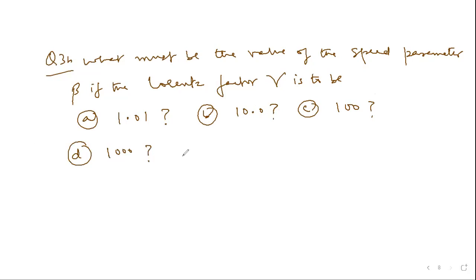I repeat, what must be the value of the speed parameter beta if the Lorentz factor gamma is to be 1.01, then part B says 10, part C 100, part D 1000.